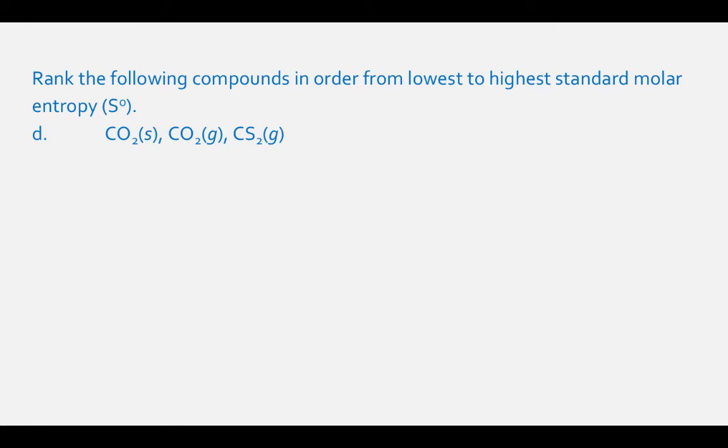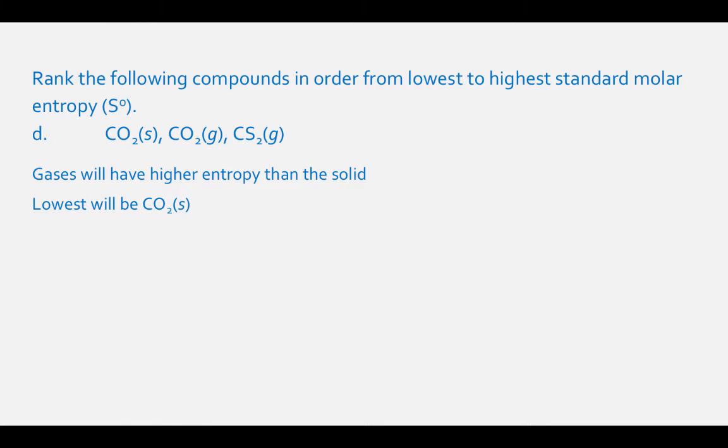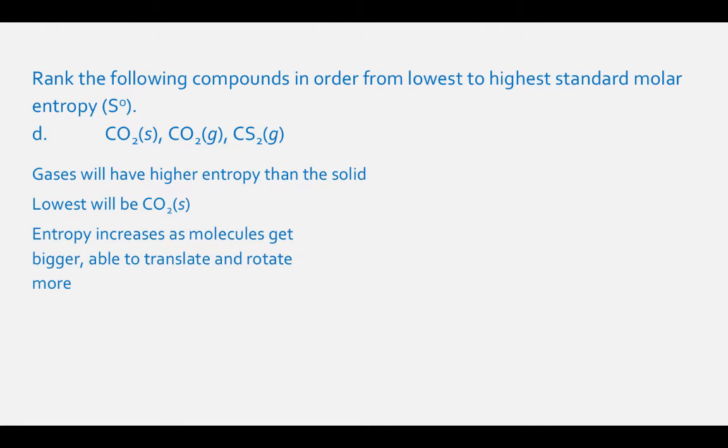For letter D, we have different gases and different states of matter. First of all, the gases CO2 gas and CS2 gas will have higher standard molar entropy than the solid CO2. So the compound with the lowest standard molar entropy will be CO2 solid. Then, to decide between the 2 gases, remember entropy increases as the molecules get bigger because they are able to rotate and translate more.